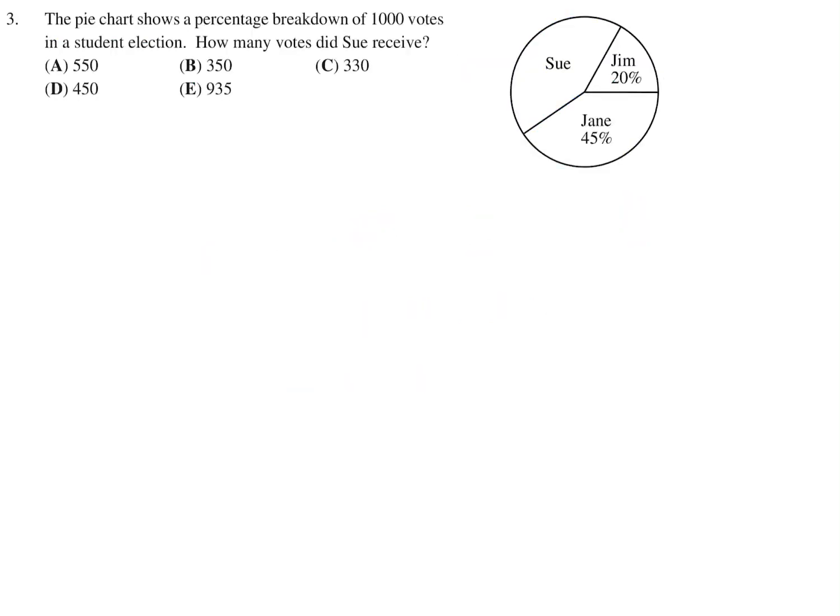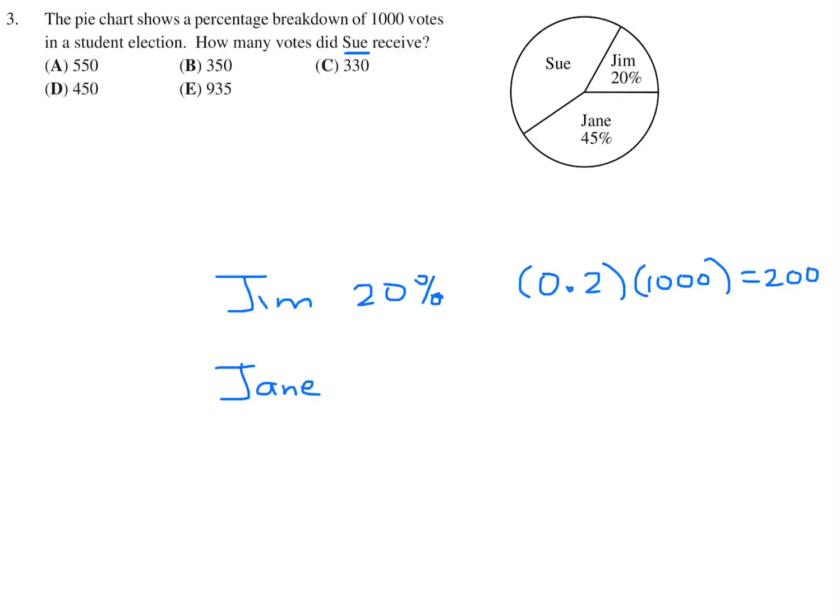The pie chart shows a percentage breakdown of 1,000 votes in a student election. How many votes did Sue receive? Alright, so Jim got 20% of the votes. So 20% of 1,000 is 200. So he got 200 votes. Jane received 45% of the votes.